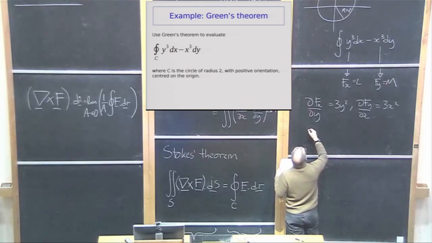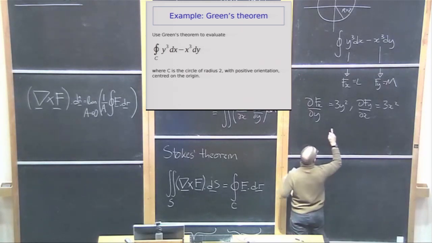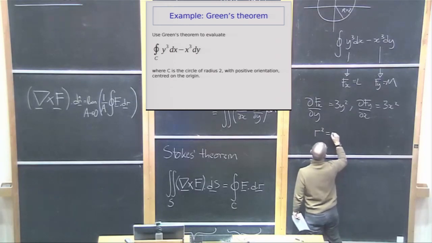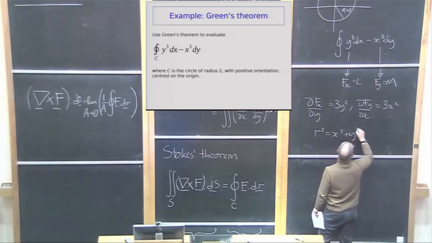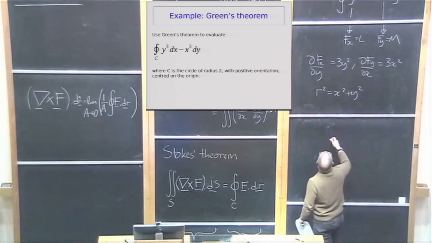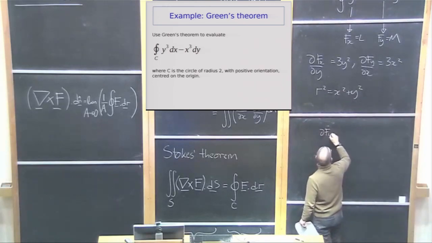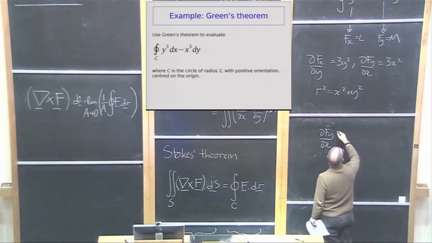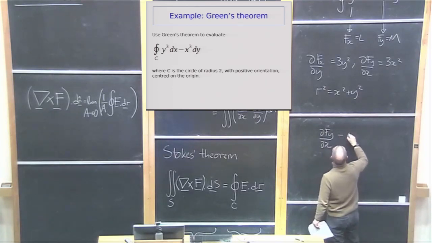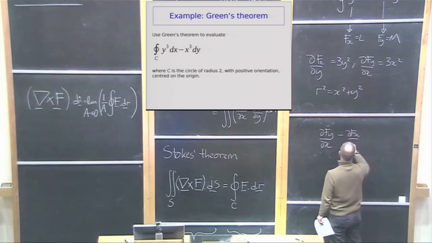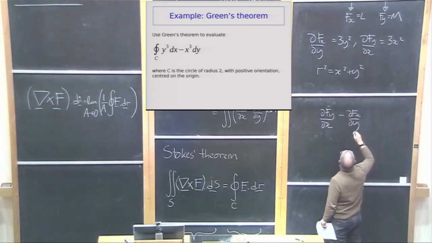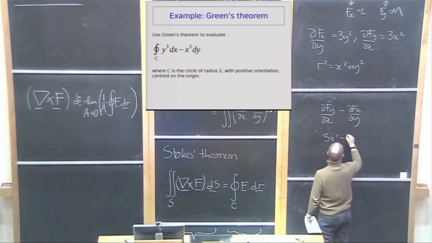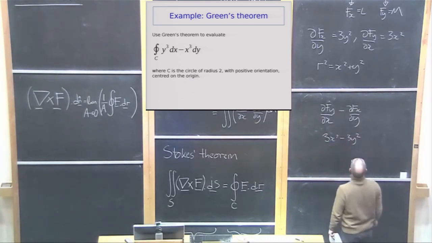So I'm going to switch this to plane polar coordinates. So r squared equals x squared plus y squared. So we can see that dfy by dx minus dfx by dy is giving me 3x squared minus 3y squared.